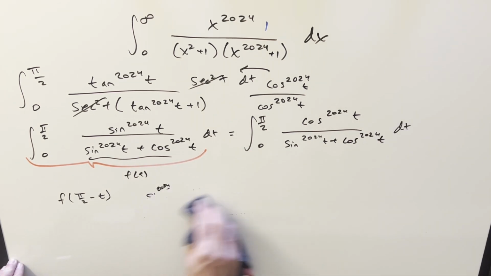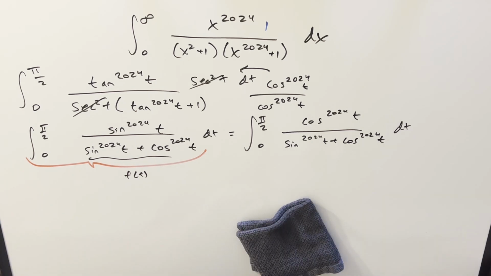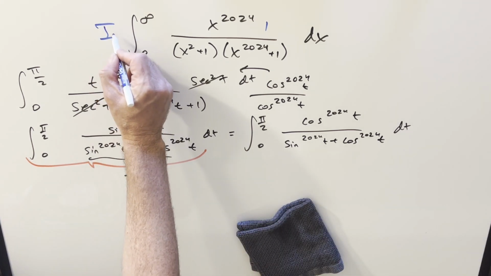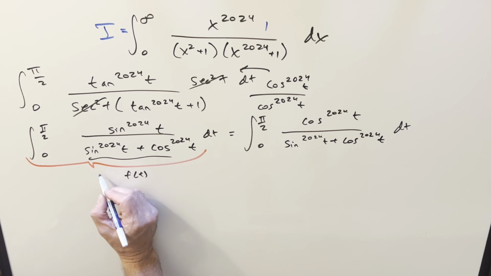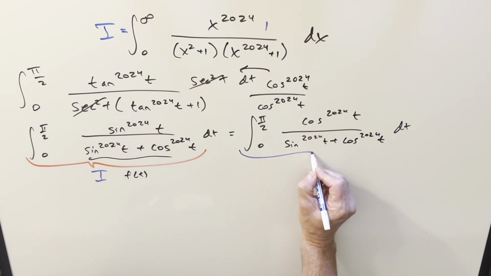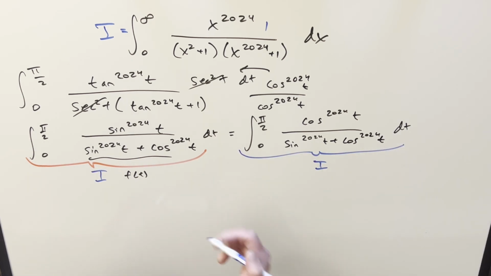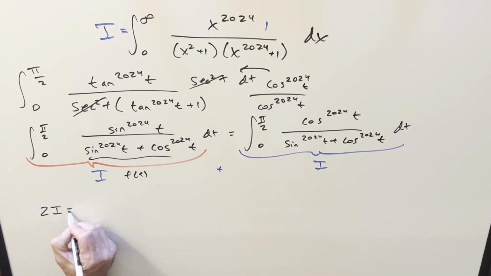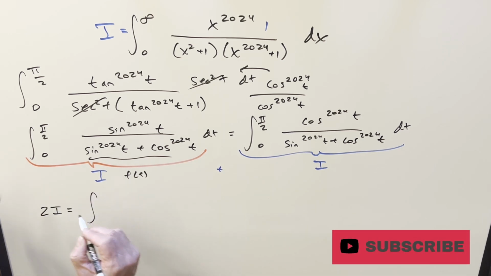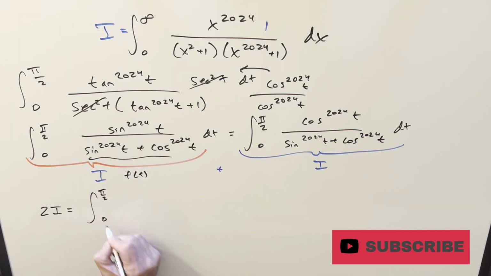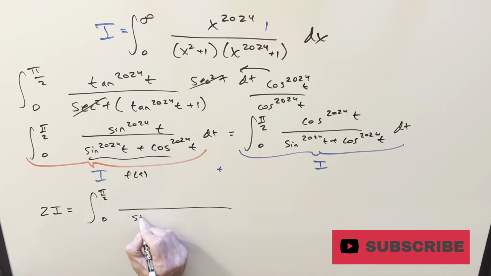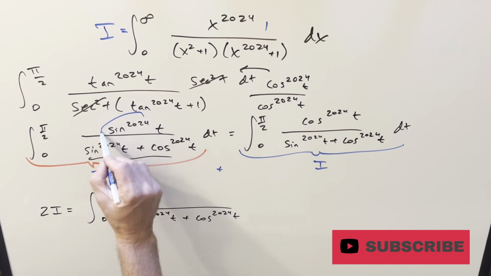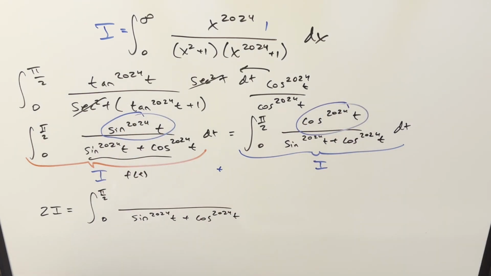Now let's label the integral: this whole thing that we want is I. So this is I, and this is also I. What I can do is add these two together, giving two copies of our integral, 2I. We have the same bounds, 0 to pi over 2, and the same denominator. Adding the numerators, we get exactly the same as the denominator.